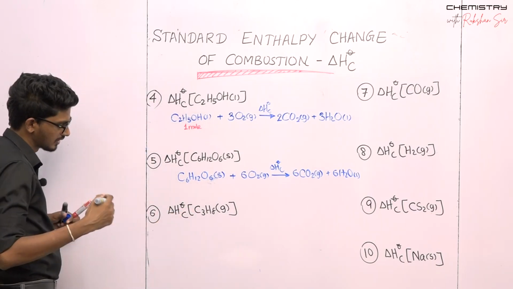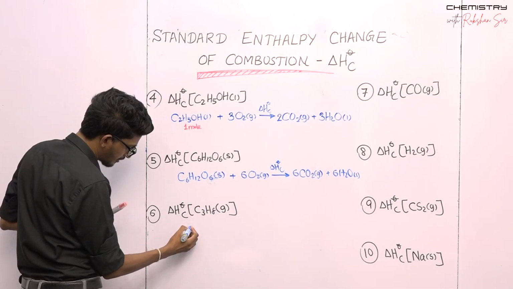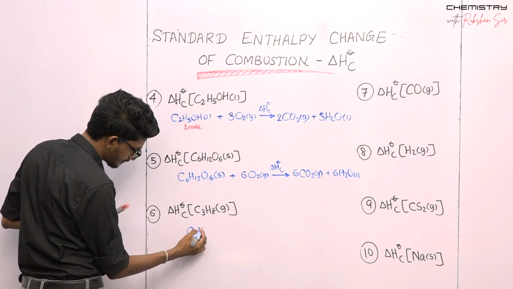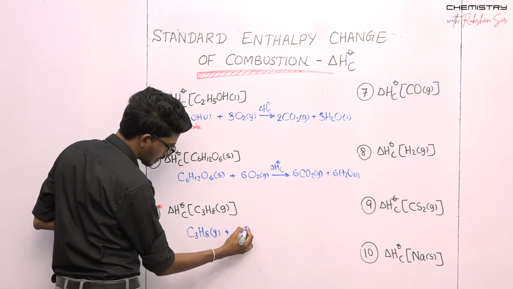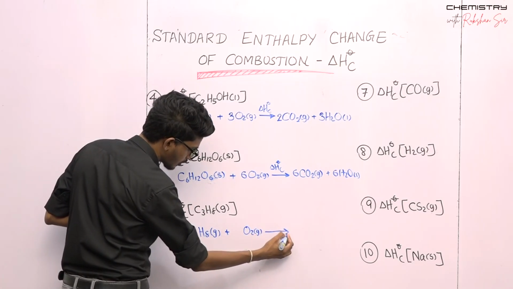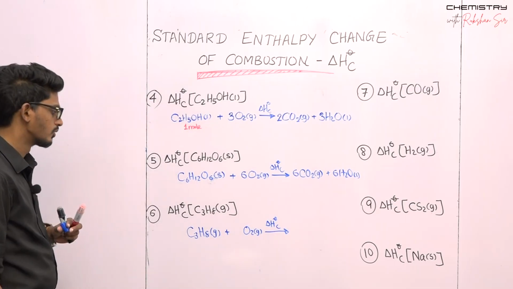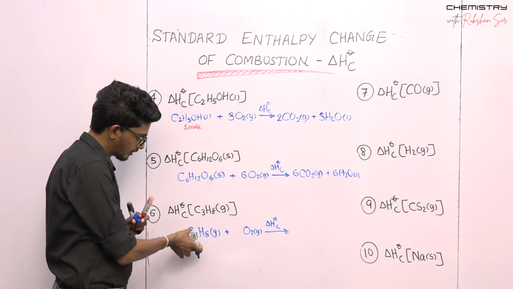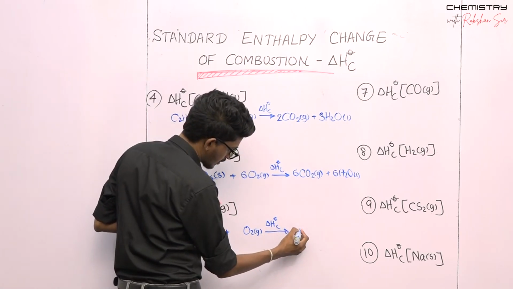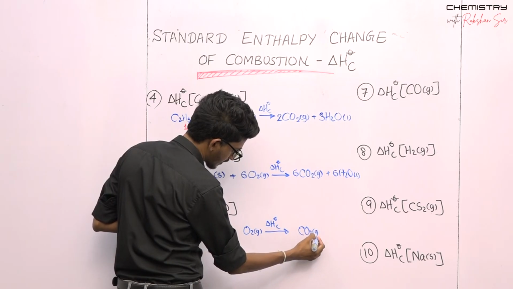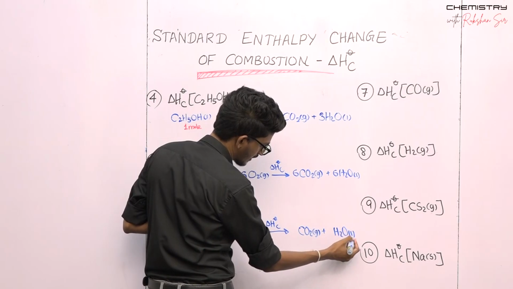Next one. The species to combust is this one, the 1 mole species: C3H8 gas. Combustion means reacting with O2 gas. It's all about the combustion enthalpy of this one. So what are the products formed? You have to produce carbon dioxide and hydrogen oxide, that is H2O liquid. Carbon dioxide appears as a gas and hydrogen oxide appears as a liquid at room conditions.